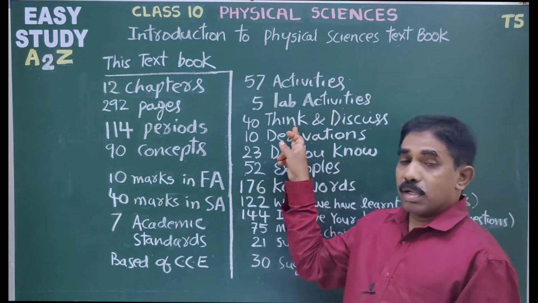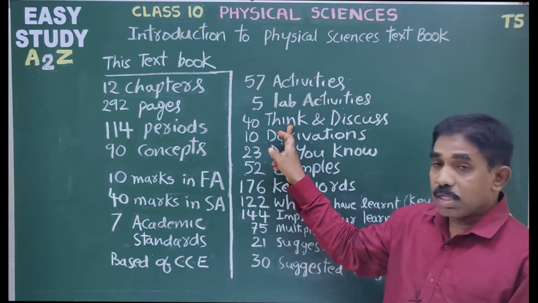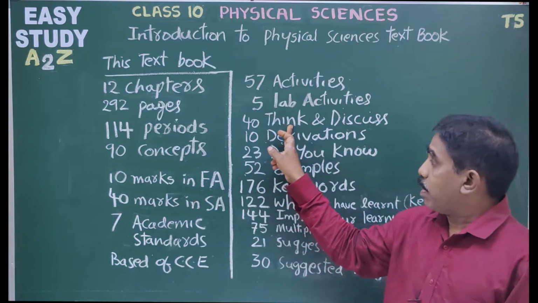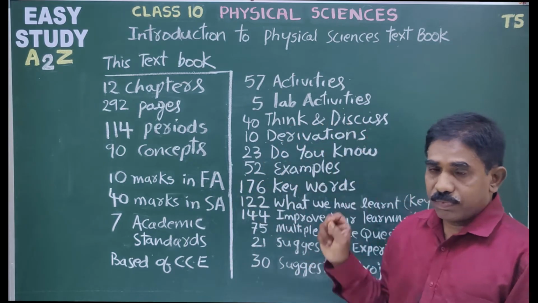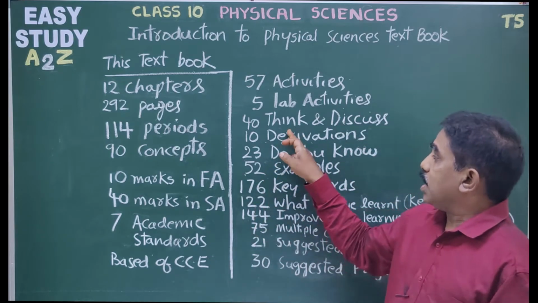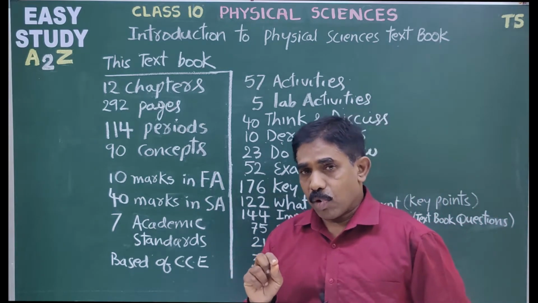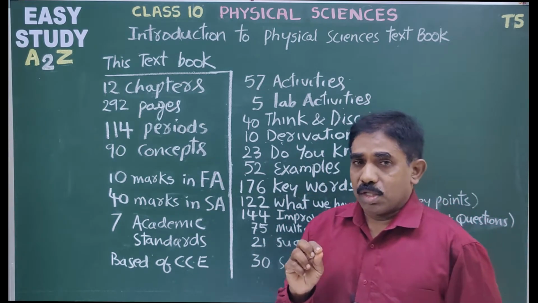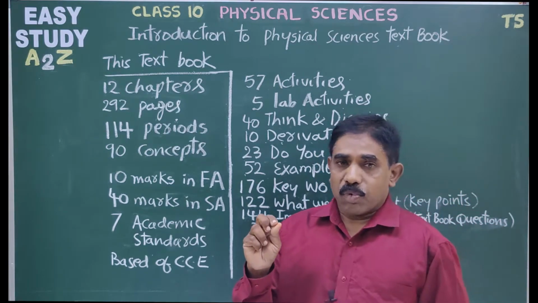Now, in the chapter you also come across some box items. Some of the box items are titled think and discuss. In some chapters the box items are written as think and write. In the think and discuss box items, the students will be given some information and some questions.